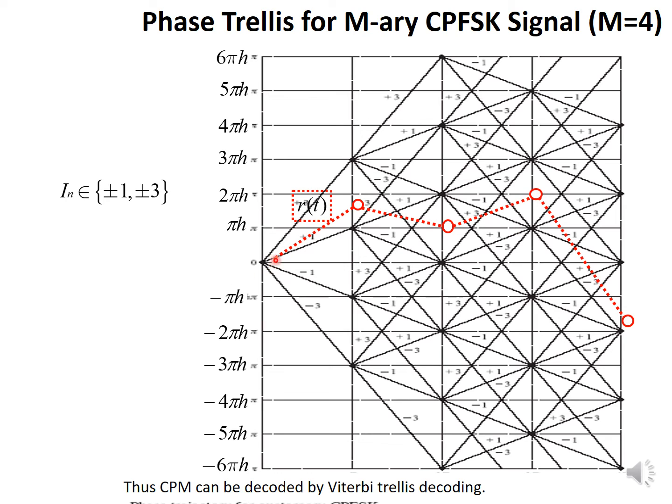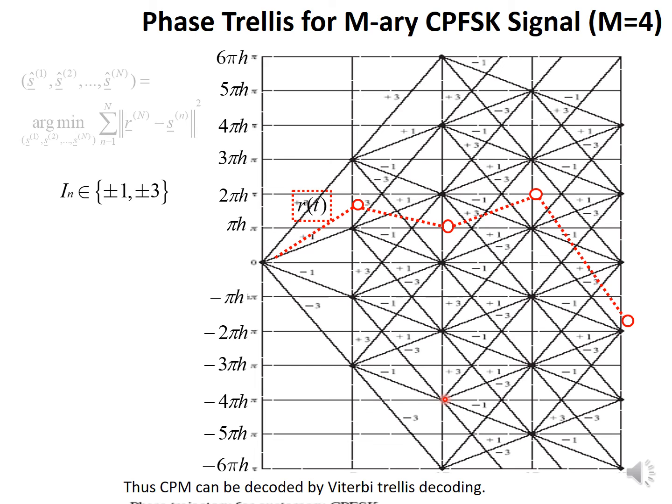Together we have the phase trellis with this red dotted line as the received signal path. However, this signal path is not likely to be identical with any of the candidate paths.